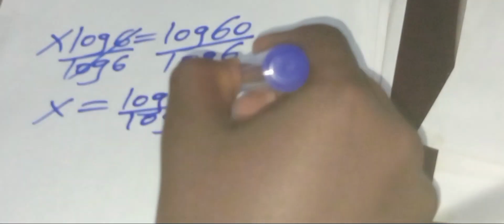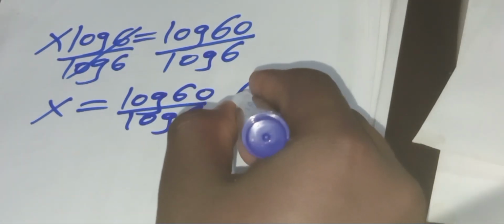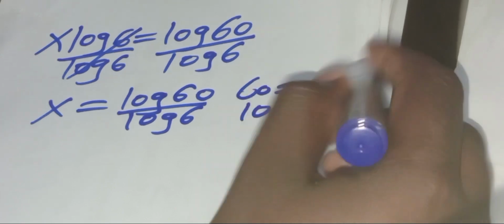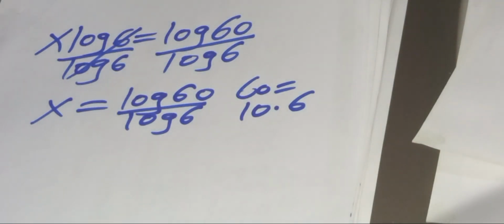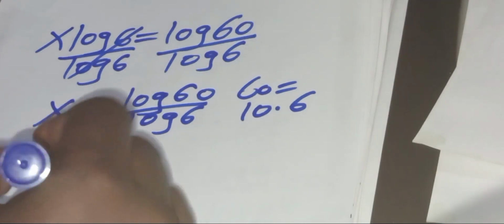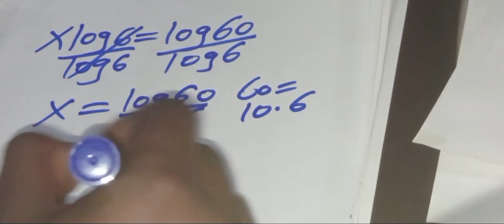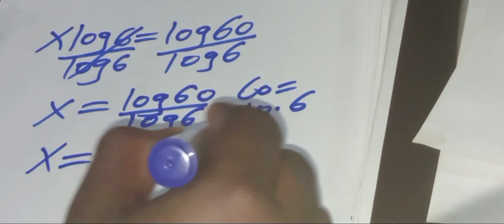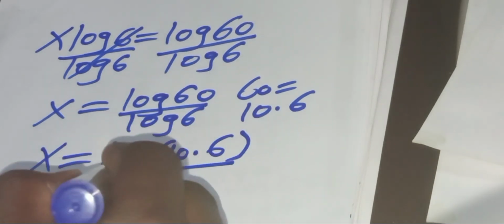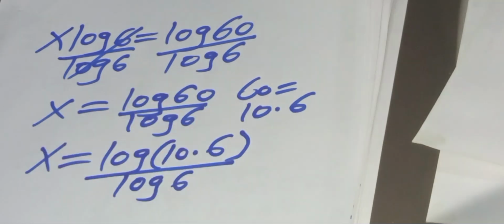Now, you can express 60 as 10 multiplied by 6. So that we'll have x is equal to log 10 multiplied by 6 divided by log 6.